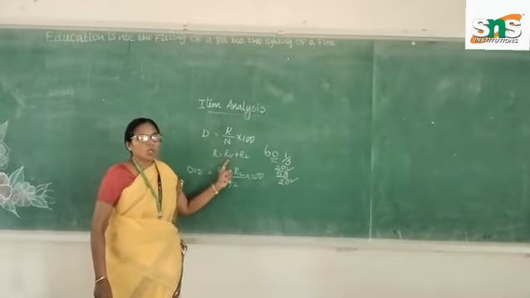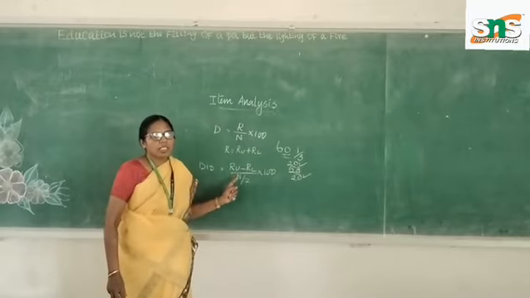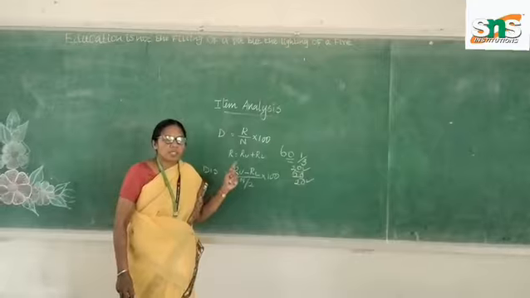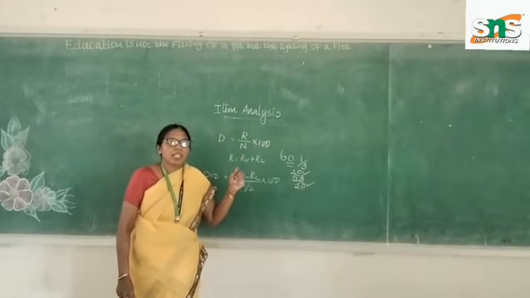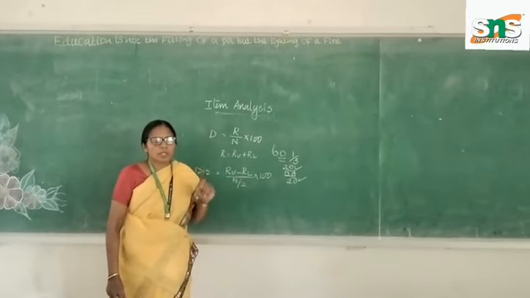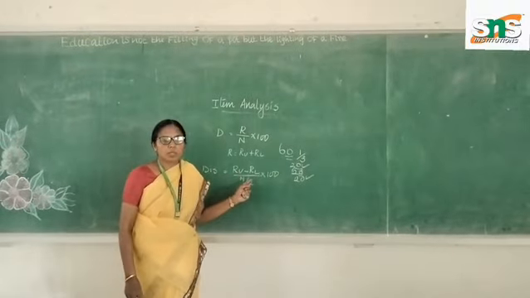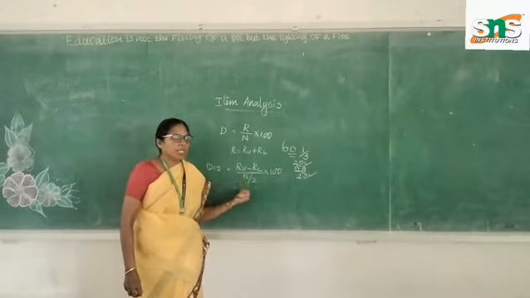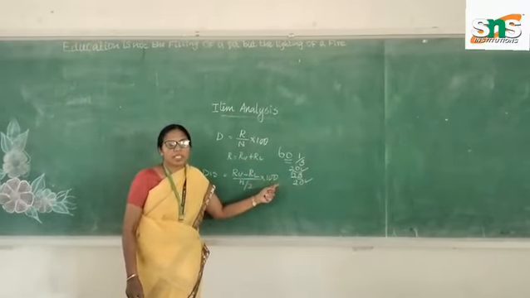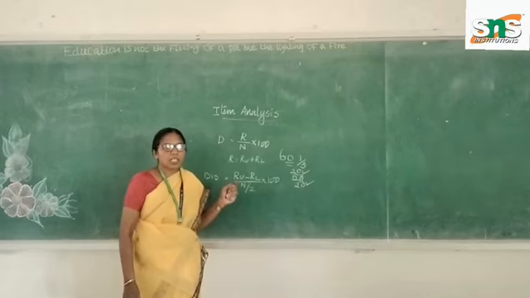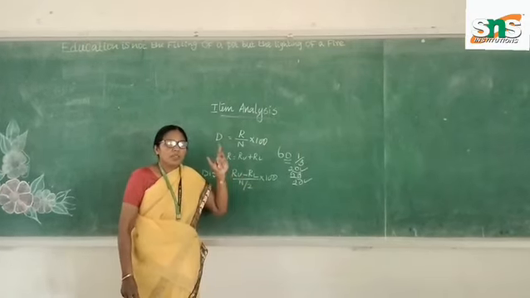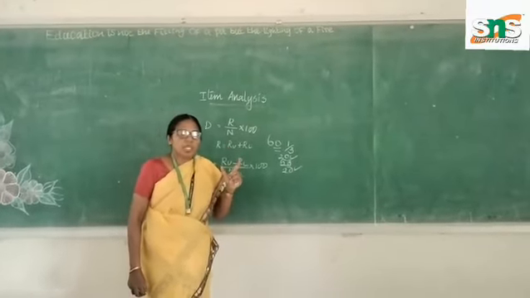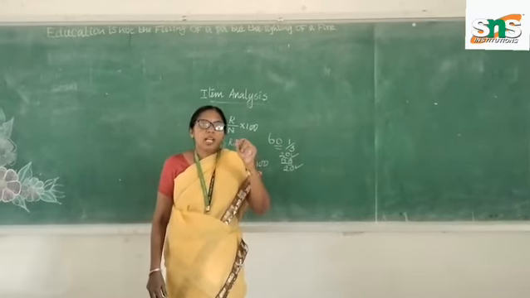Here R is equal to RU minus RL, that is, the correct responses of the upper group minus the correct responses of the lower group. N by 2: suppose the group is 40, so 40 by 2 into 100. If the percentage is very low, the discriminative level will be low. In this way each question will be analyzed.